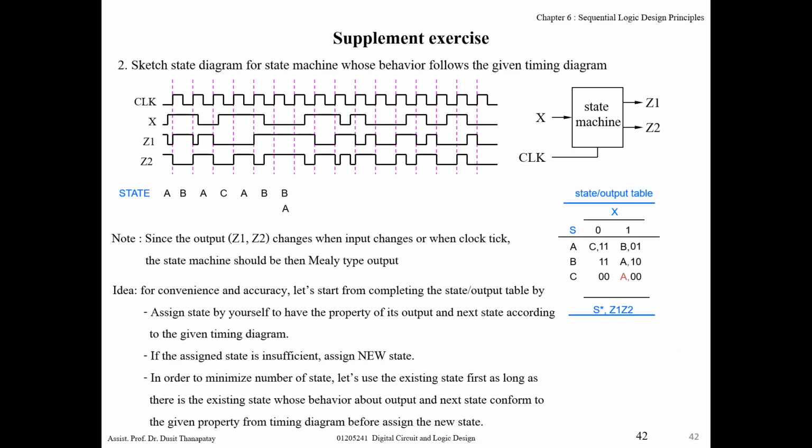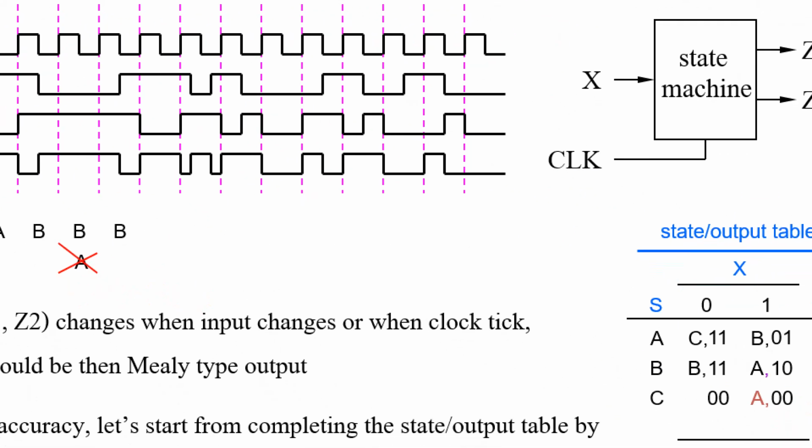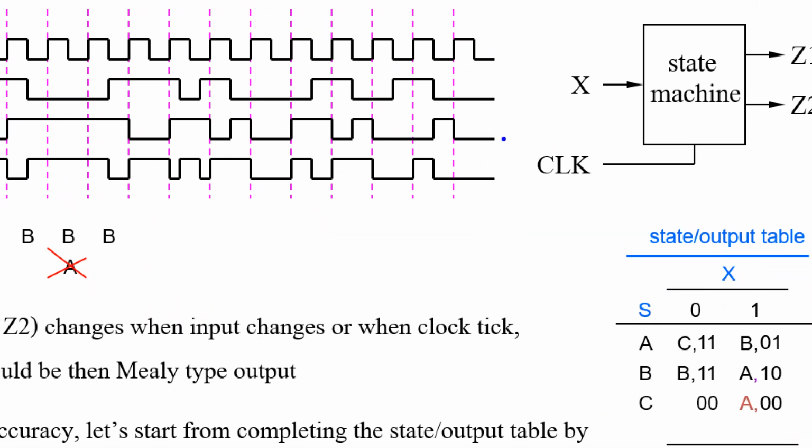At this period, it cannot be A. Next, now it's state B, clock tick, x is 1, go to state A.